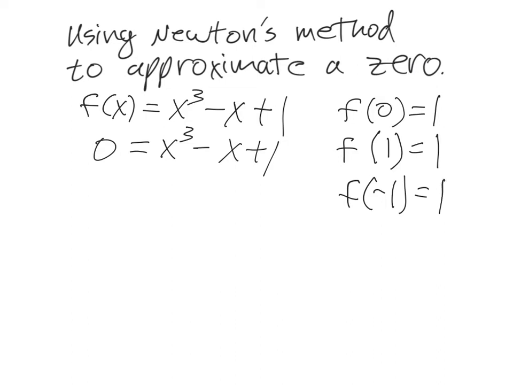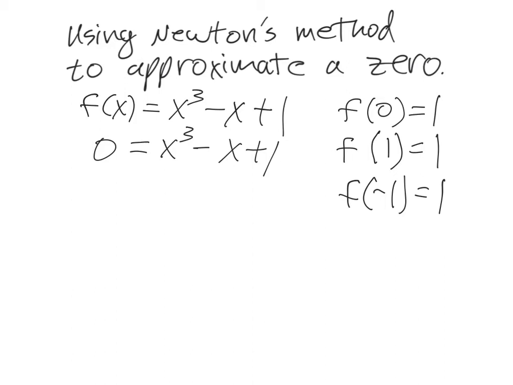What's that one? Also 1? Negative 1 plus 1 plus 1. So somewhere in there, there's probably a 0. Any one of these 3 values would be a good starting point: x equals 0, x equals 1, x equals negative 1. None of them jump out and say, I'm the best one.